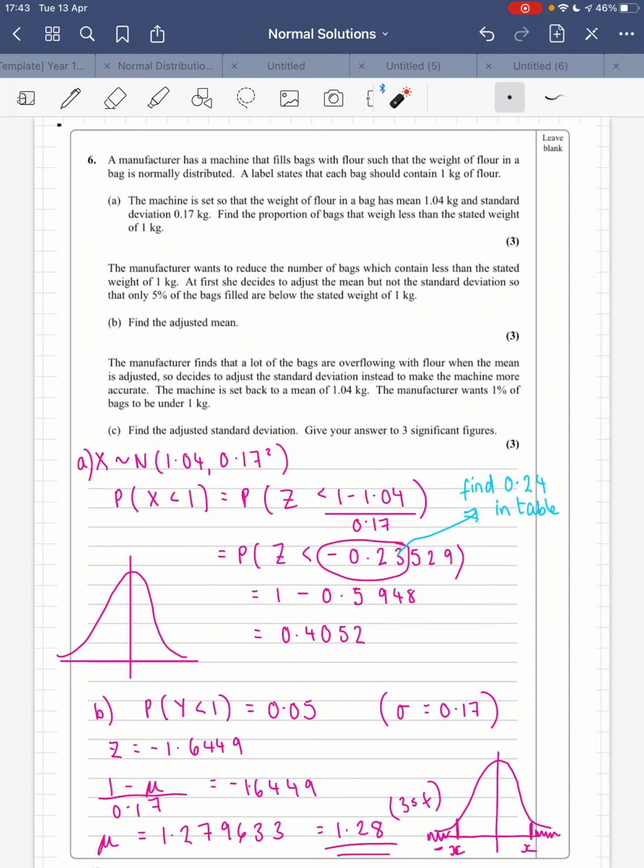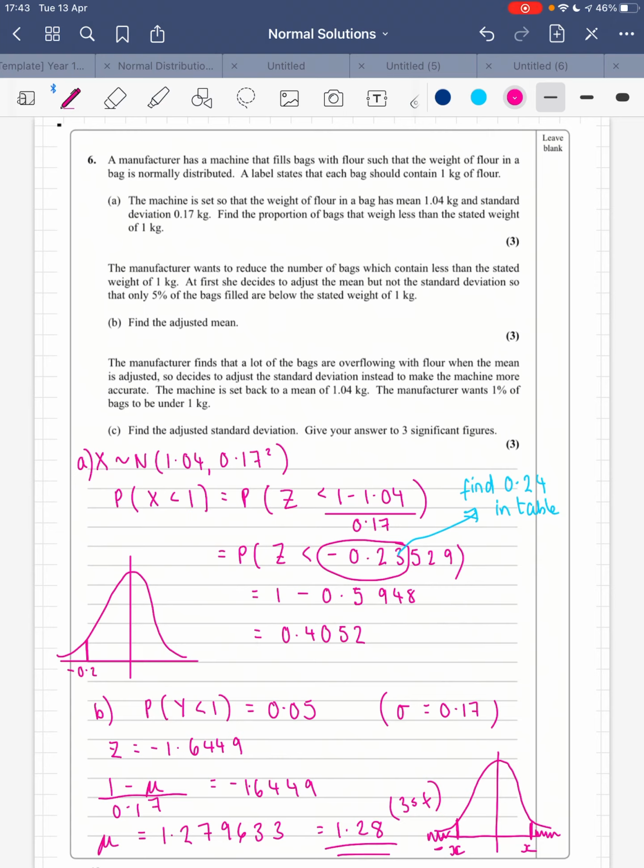We find 0.24 in the table, and then because it's negative, we have to do 1 minus that probability. If we look at the probability distribution, we're trying to find minus 0.2 whatever, which would be down here somewhere.